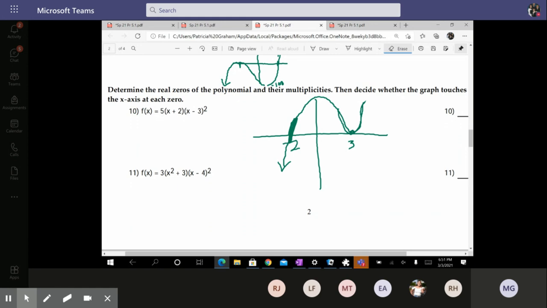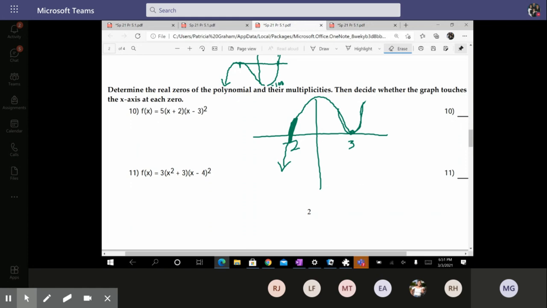Okay? You have to FOIL it out first before you do that. You can count them. I've got 2 x's here and 1 x here. Right? No matter how many times, you just look through it. How many times are you going to multiply by x? So like 11, 04.